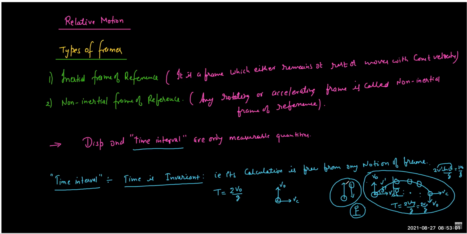Now the statement that the time is invariant is true for Galilean transformation, or you can say Newtonian physics, or you can say classical physics. So what we are learning is called classical physics, physics as set forth by Sir Isaac Newton and his predecessors like Galileo, Kepler, Tycho Brahe, and many more.